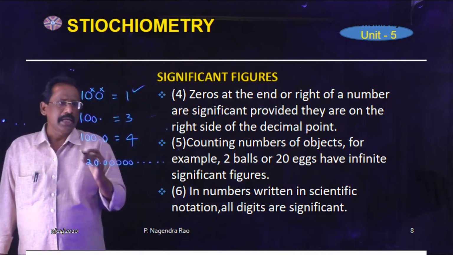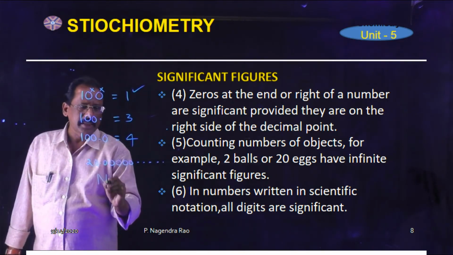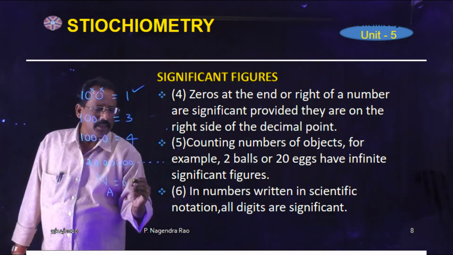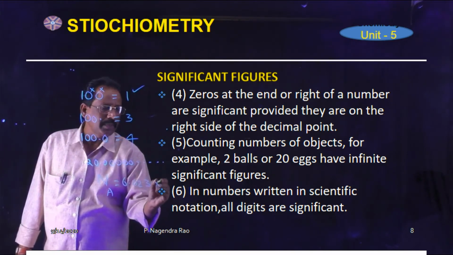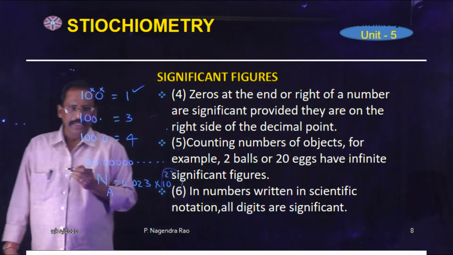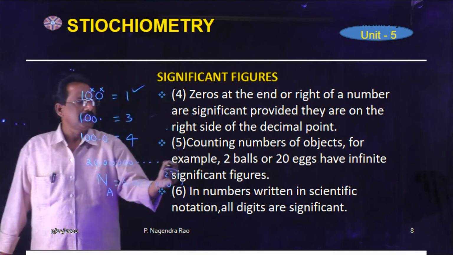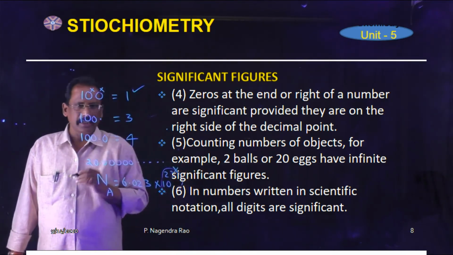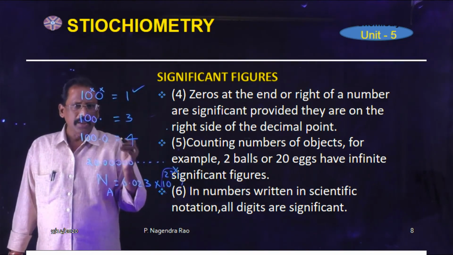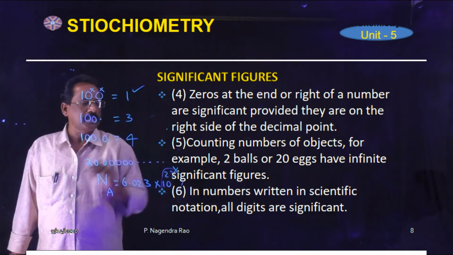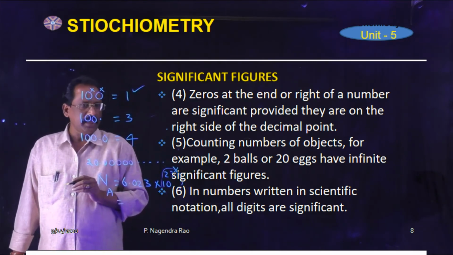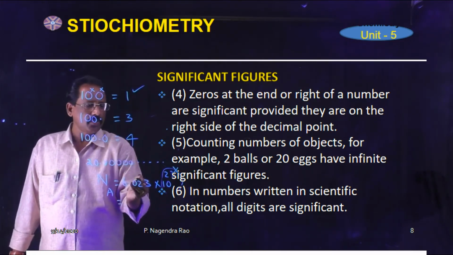For example, Avogadro's number value is equal to 6.023 into 10 power 23. Now here the zeros are in the exponential. 10 power 23 becomes insignificant. According to that rule, in numbers written in scientific notation, all digits are significant without the 10 power something. So how many significant figures does 6.023 contain? 1, 2, 3, 4.